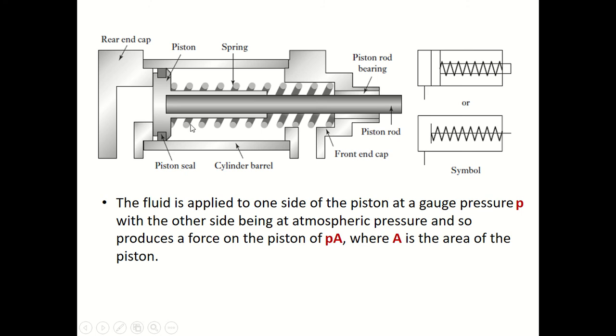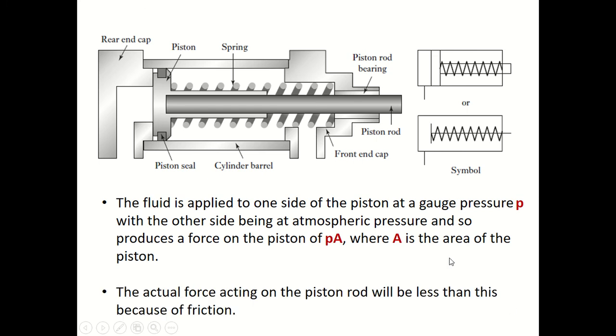This is actually the theoretical force acting on the piston. What would be the actual force? Of course, there will be friction involved. Because of the friction, the actual force acting on the piston rod will be less than the theoretical force.